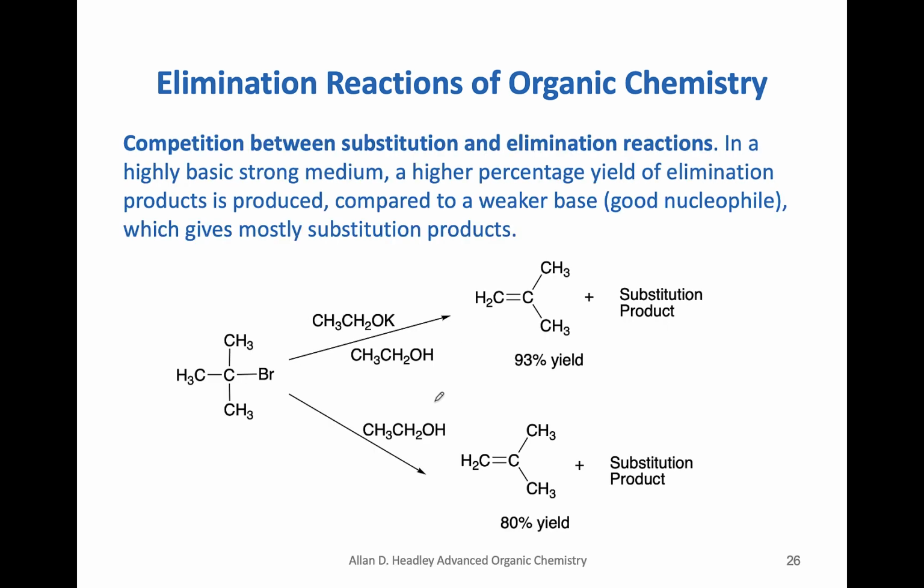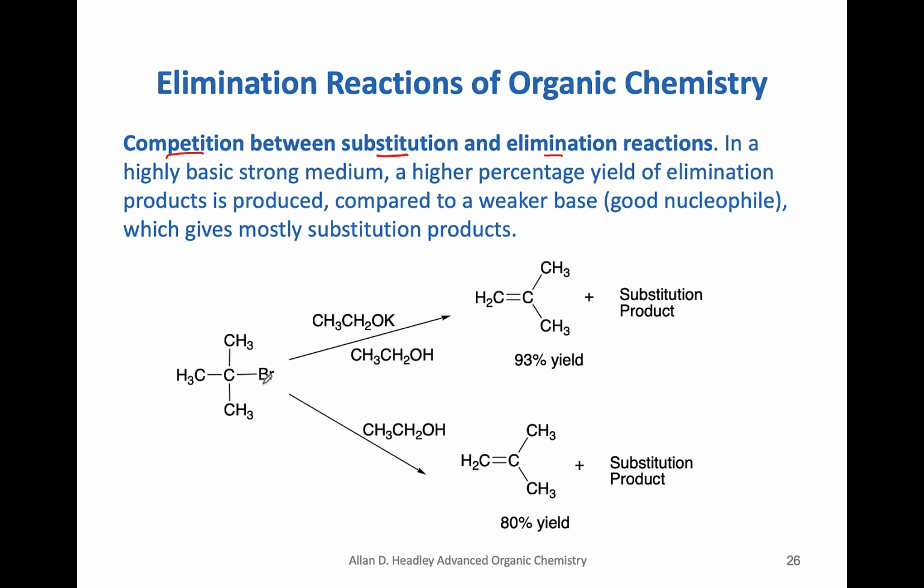However, what I want to point out here is that there's always a competition between substitution and elimination reactions, because the base can also be the nucleophile. Well, bases are in fact nucleophiles. It's just a matter of how strong the base is or how weak the base is, sometimes described as nucleophilicity.